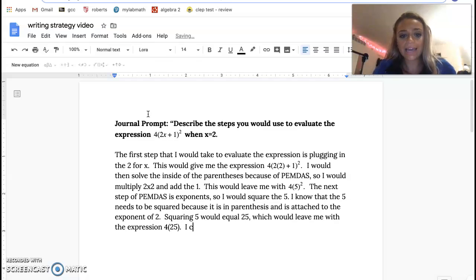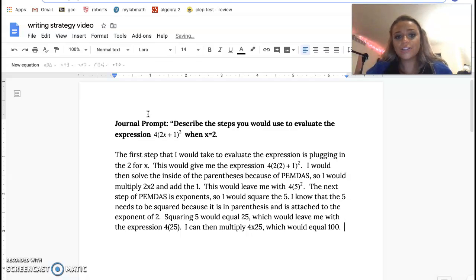Okay, I can then multiply 4 times 25, which would equal 100. Okay, so I just explained every step I would take to evaluate that expression.